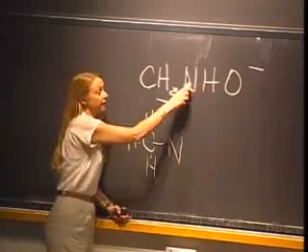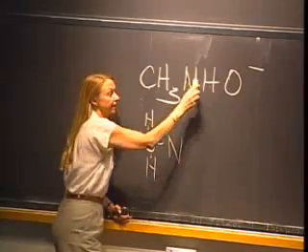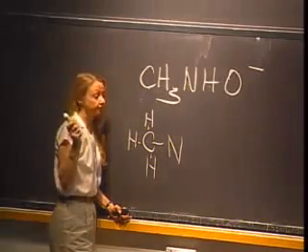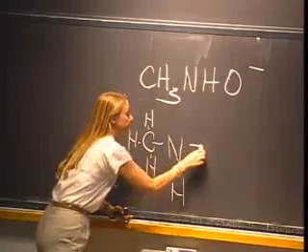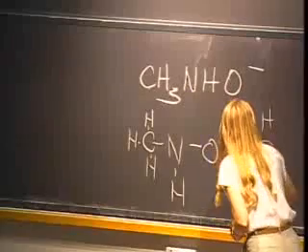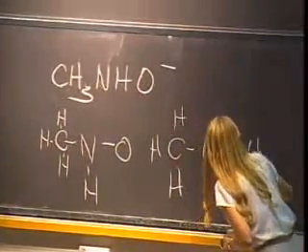The next one is hydrogen, but we're not going to put the hydrogen between the nitrogen and the oxygen because the hydrogen's always terminal. So the hydrogen is either going to go here, or the hydrogen is going to go here.